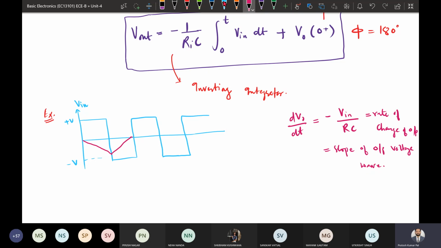Once the positive magnitude is there, that slope will be negative. If a negative magnitude is there, the slope will be positive. So this is how the output looks once we are able to integrate the input.